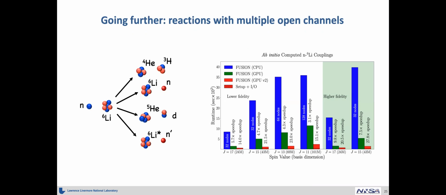The problem, and this is where what was behind this porting over to GPUs really helped, is that as you increase in energy of a neutron hitting 6 lithium, you have many open channels. And these are channels that you need to compute the RGM matrix elements between. So computationally, this is significantly more difficult than, say, doing alpha-alpha scattering.